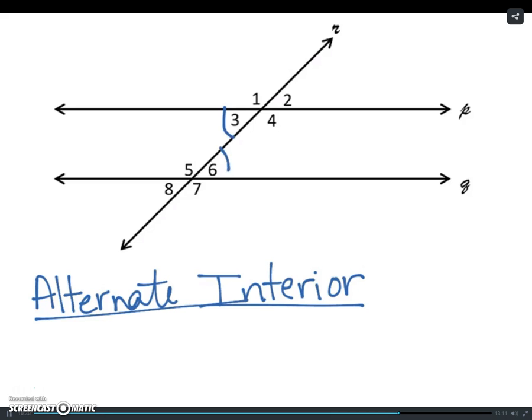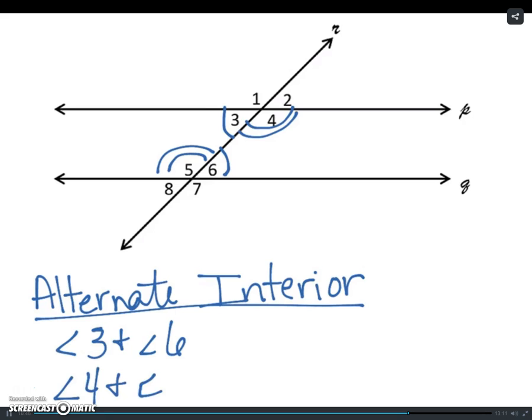So 3 and 6 are on opposite sides of the transversal, and they are also inside lines P and Q. Our other alternate interior angles are 4 and 5. Because they are also on opposite sides of the transversal and inside the two parallel lines.